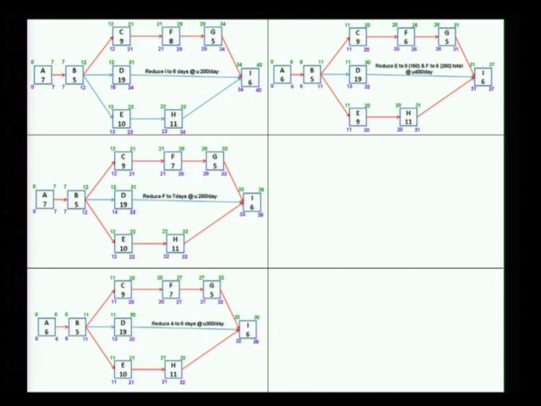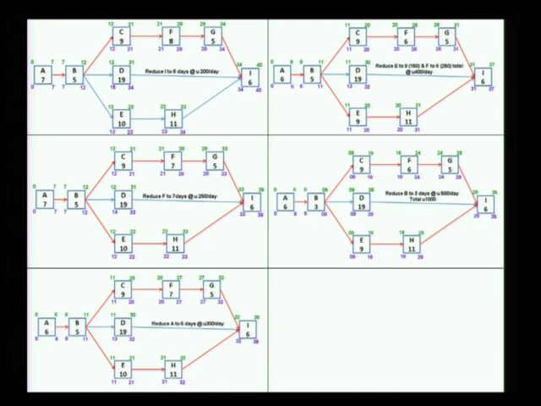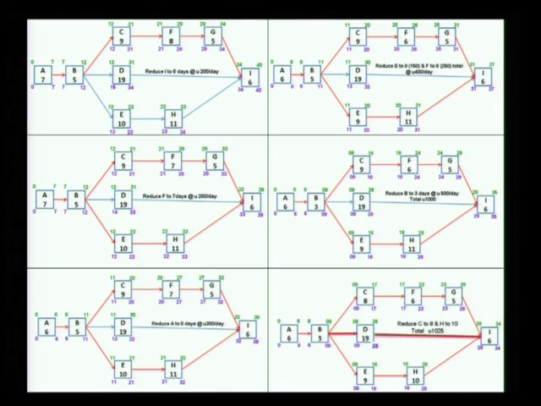We can go to the next step, which is to reduce B, and the final step is to reduce C and H. So you can see we can go through the series of processes and finally all 3 paths become critical. Now D has also become critical and there is no further reduction possible because the other 2 paths have been crashed to the maximum.